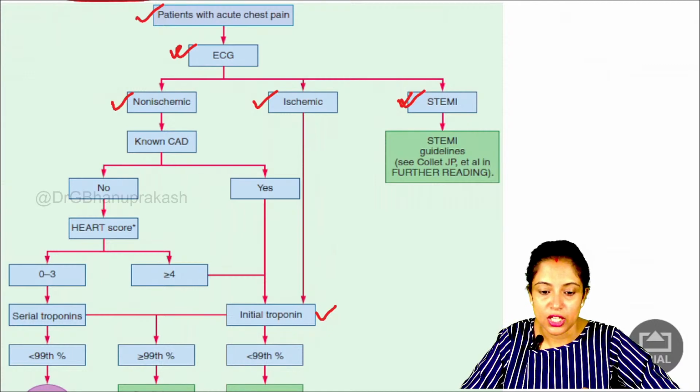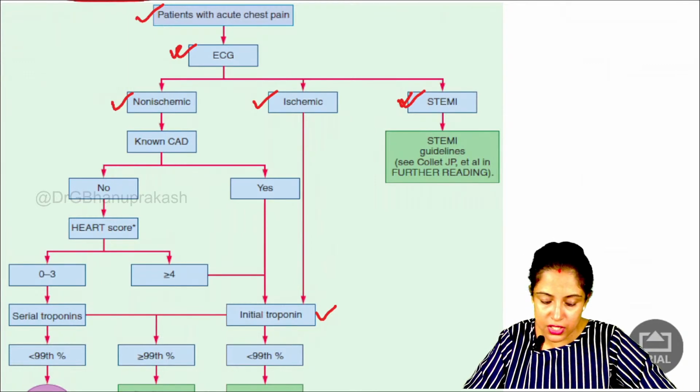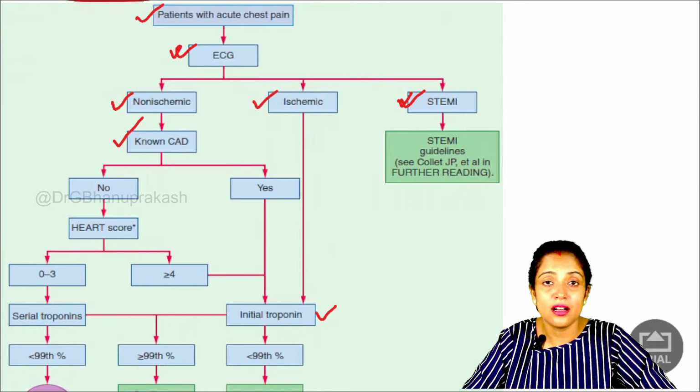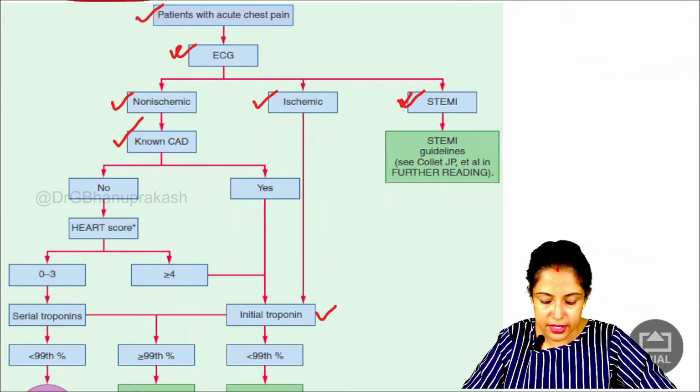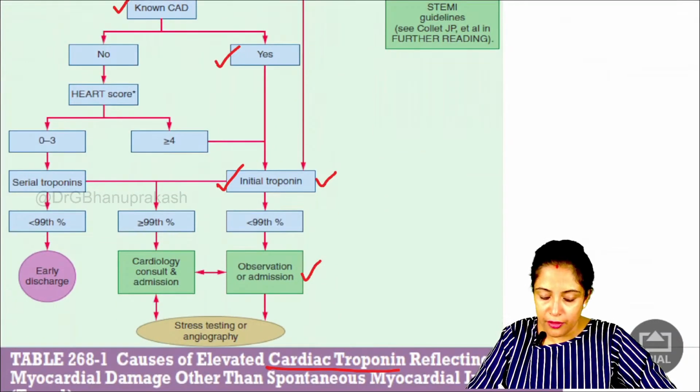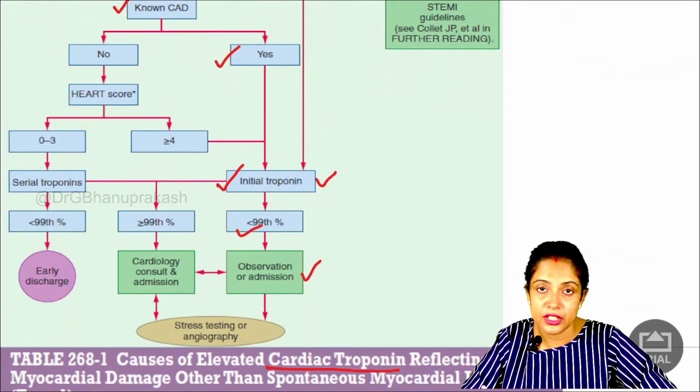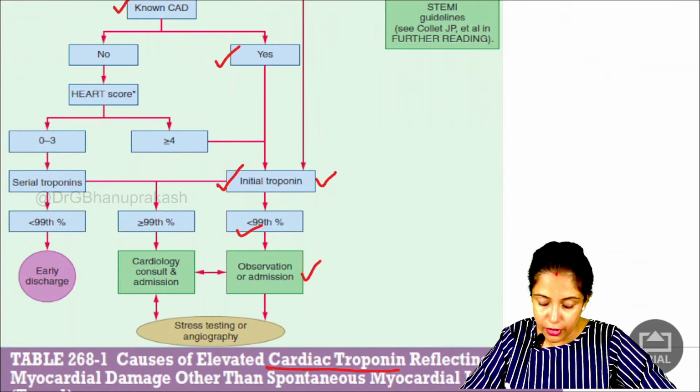If there are no ischemic changes in the ECG, and the patient is a known case of coronary artery disease, then again you do an initial troponin. If it is less than the 99th percentile of the upper limit, you observe or admit the patient.